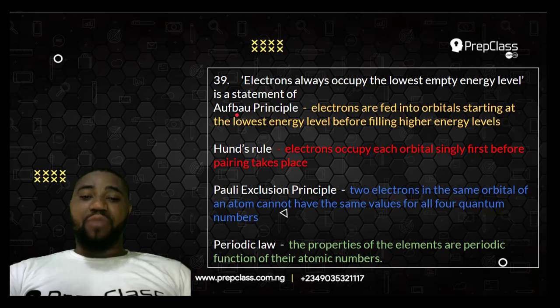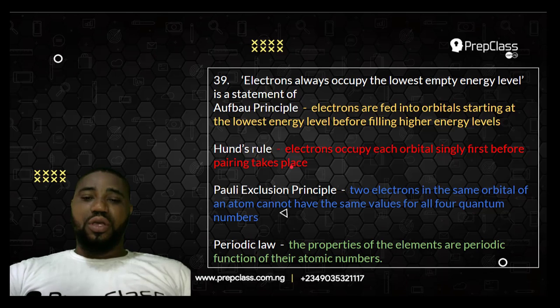Now the Aufbau principle states that electrons are fed into orbitals starting at the lowest energy level before filling higher energy levels. Hund's rule states that electrons occupy each orbital singly first before pairing takes place.